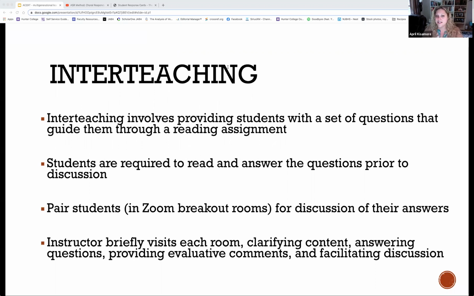So the idea is that students answer the questions before the class period, and then they are supposed to prepare to discuss their answers with fellow students in small groups. You can put the students in pairs in Zoom breakout rooms where they can review their completed preparation guides. Students can raise their virtual hands, and you as the instructor can pop around through different Zoom rooms and answer questions or guide the discussion as necessary.